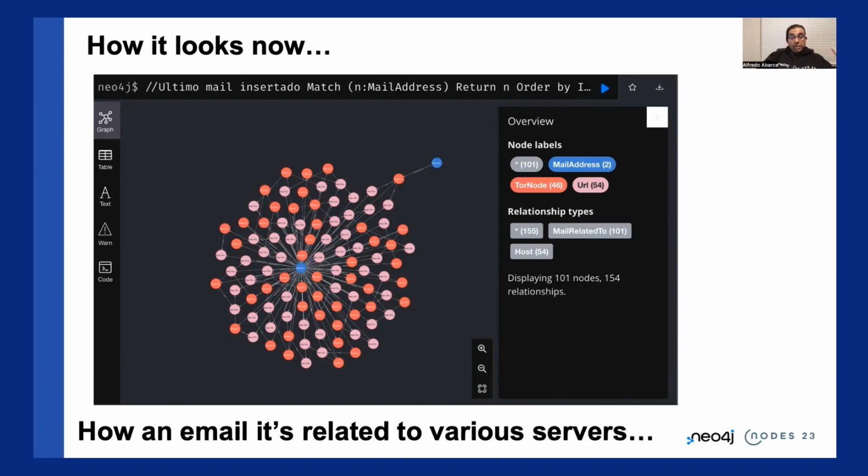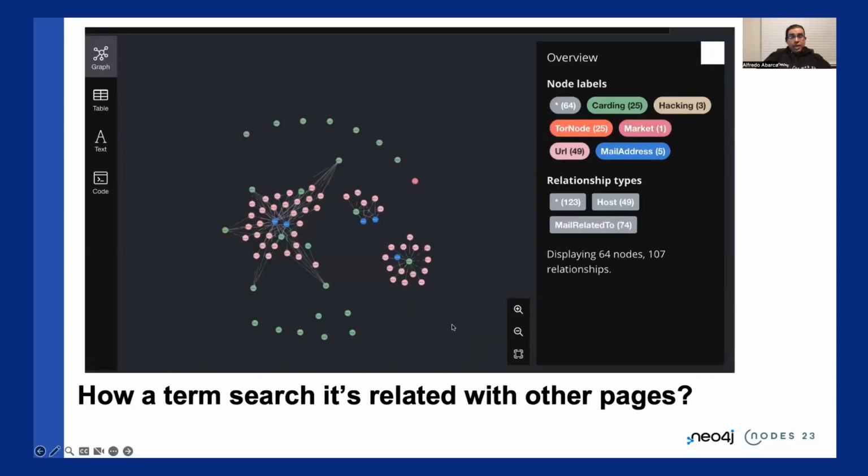But the thing is, at the end of the day, you are having just two email addresses related to this infrastructure, right? Then it starts giving us some idea of what the capabilities are, what the infrastructure is behind these two threat actors.